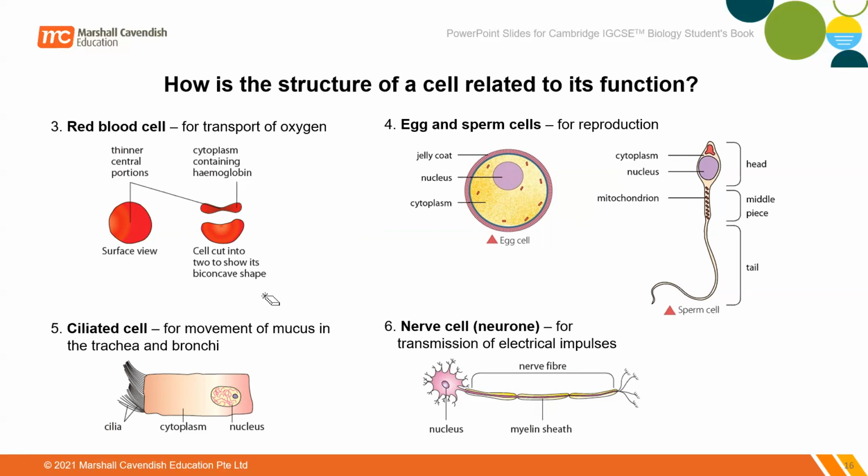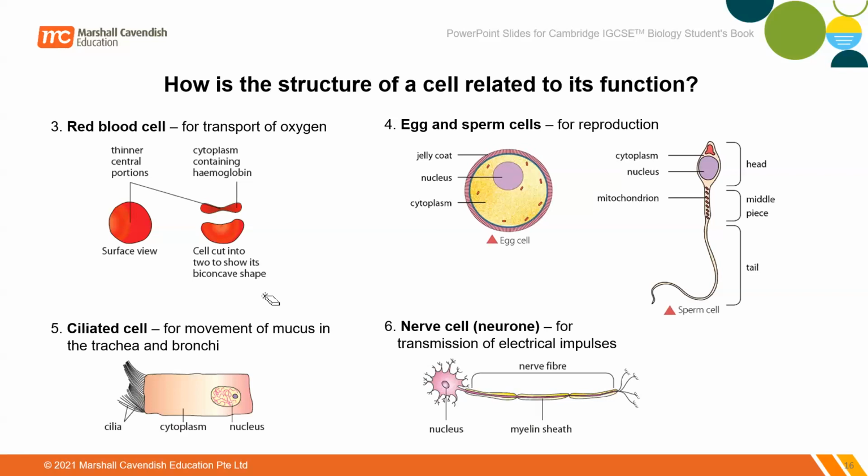And it has a biconcave shape in order to pass easily through tiny blood vessels, or capillaries. It also has no nucleus, to provide more space for taking more oxygen to be transported to the respiring tissue.